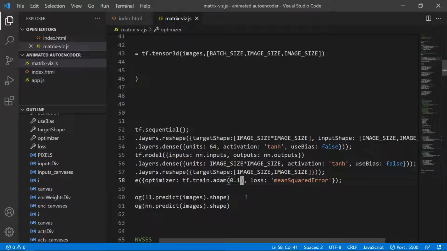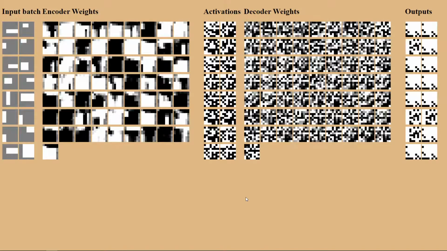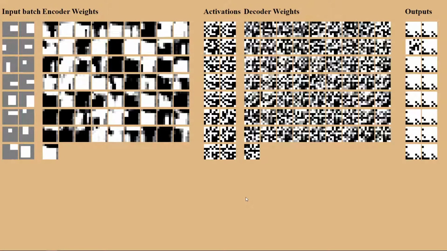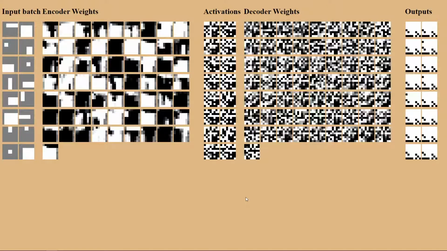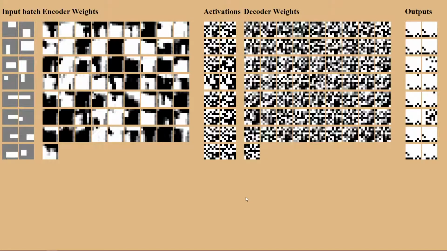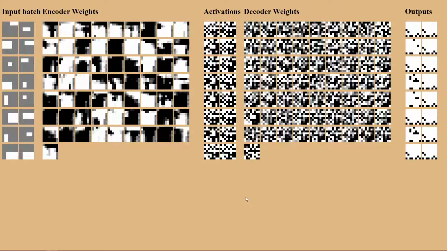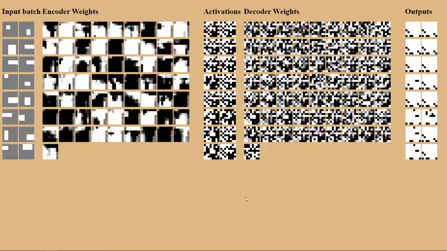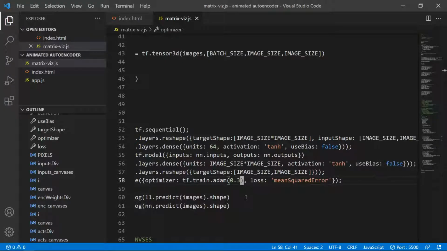I don't know, what if we make it really fast? Let's just see what that does. Oh my goodness. So that doesn't work at all. Yeah, so we'll just turn that back down.